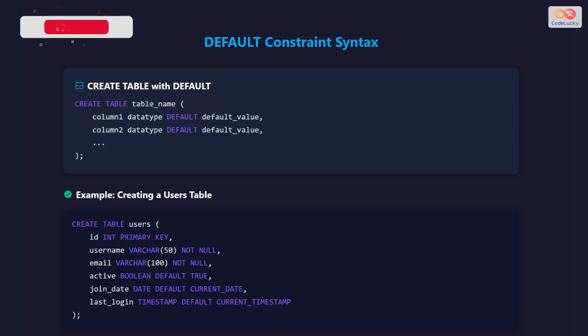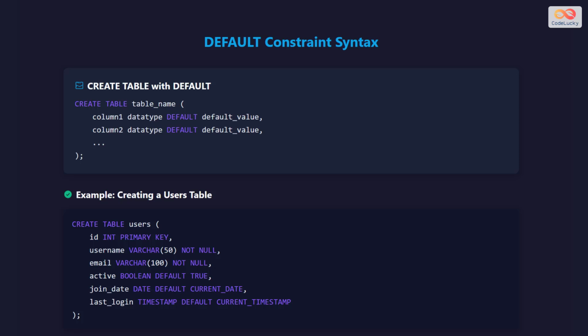Now, let's explore the syntax for creating a table with default constraints. The basic syntax for creating a table with default constraints involves specifying the column name, its data type, and then using the keyword default followed by the default value you want to assign. In this generalized create table syntax, you can observe that column 1 is of some data type and has a default value.